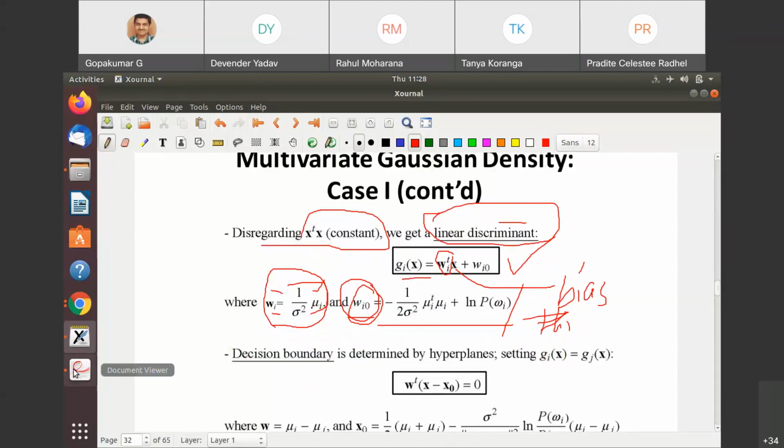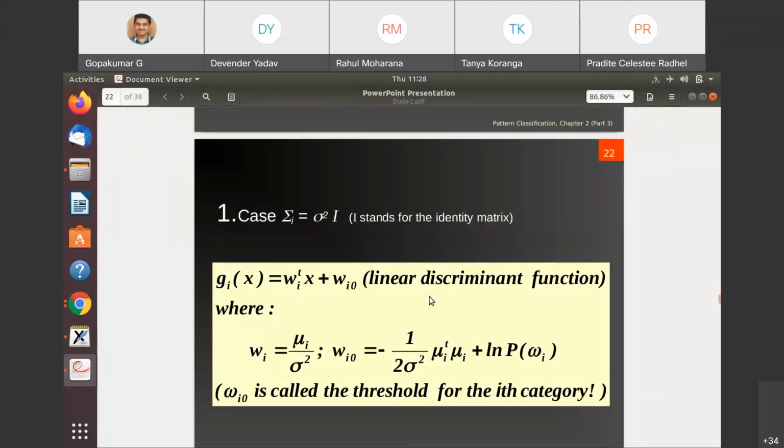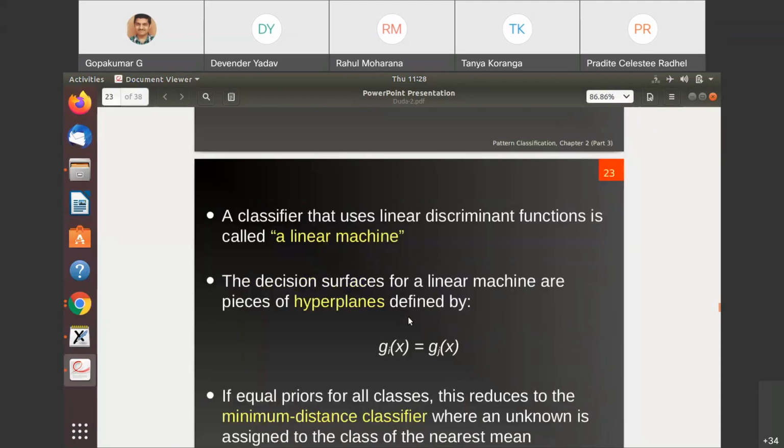When we use a linear discriminant function to make a classification, then we call it a linear machine. So that particular system which is used to make a decision based on linear discriminant functions is actually called a linear machine. That is the terminology that is used.